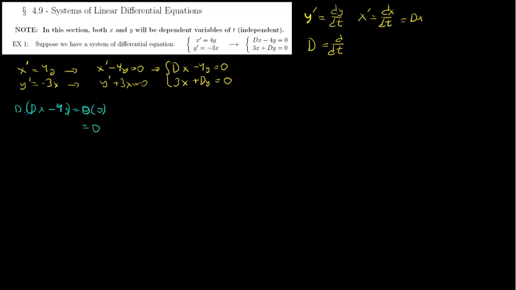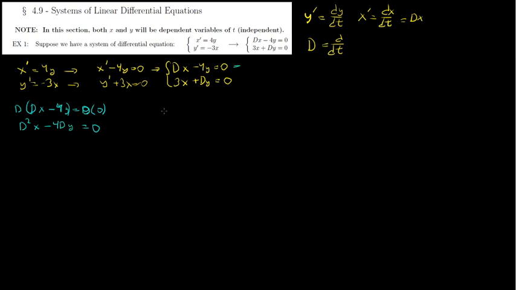Here we get D times D, or D squared, but it's really the second derivative of x, minus the derivative of 4y, which is just 4 times the derivative of y. So 4 Dy equals 0. That's the first equation.